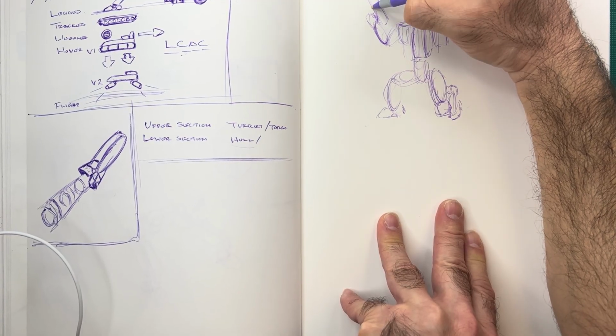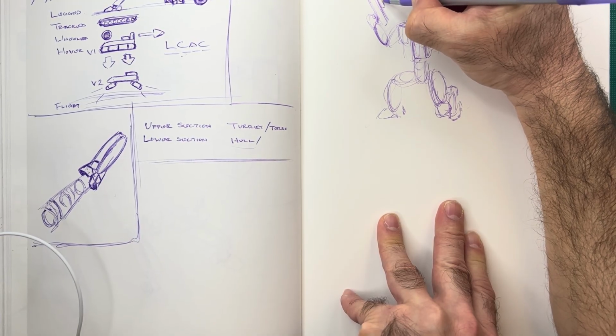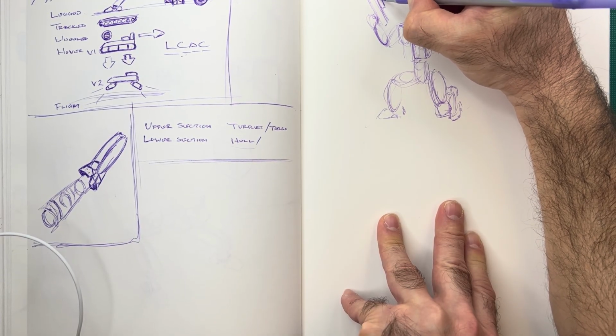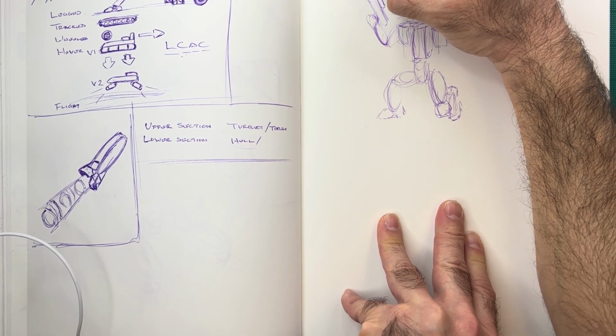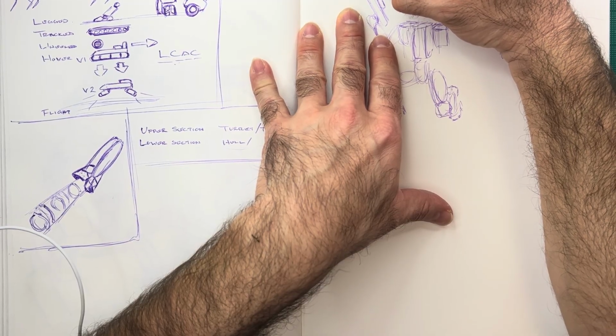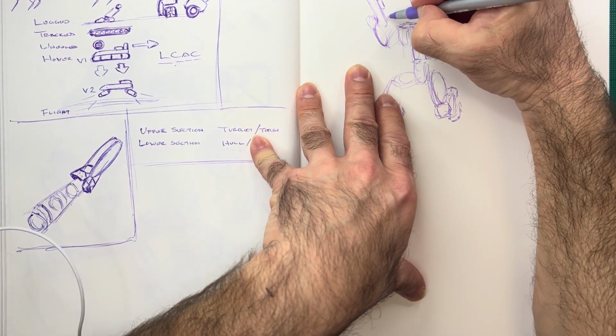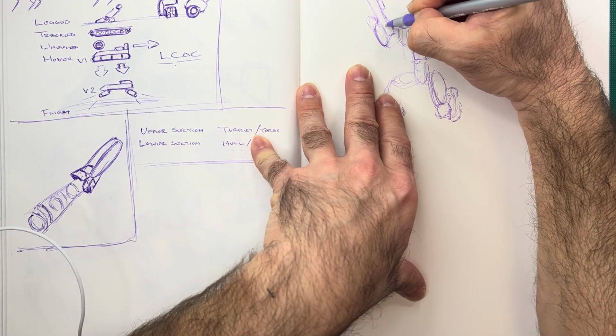Yeah, they'll have their rifle up, and let's put some optics on here. We'll have the barrel over here. Maybe it's a laser rangefinder barrel reference system.